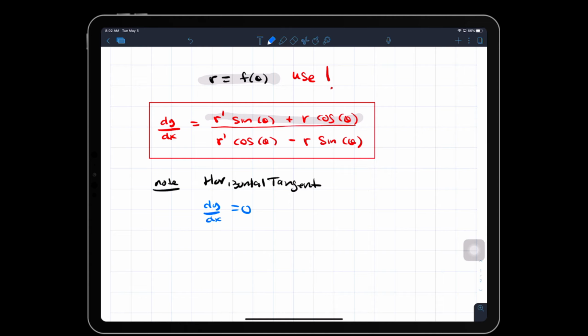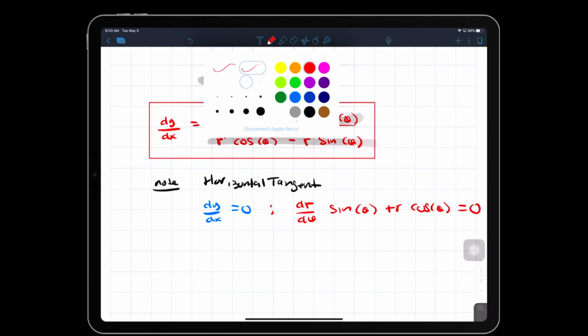What that really means is you'll have a horizontal tangent simply when that dr d theta sine theta plus r cosine theta has to equal 0. But the bottom can't be 0, meaning r prime cosine theta minus r sine theta, this portion down here, is not 0.